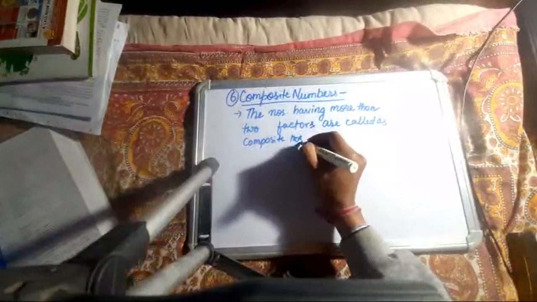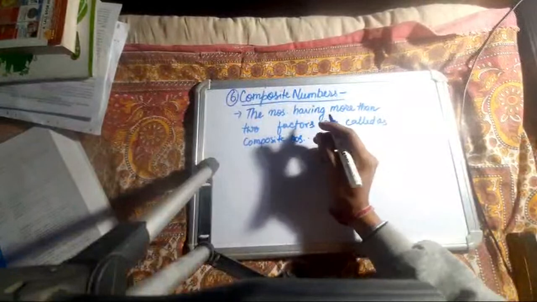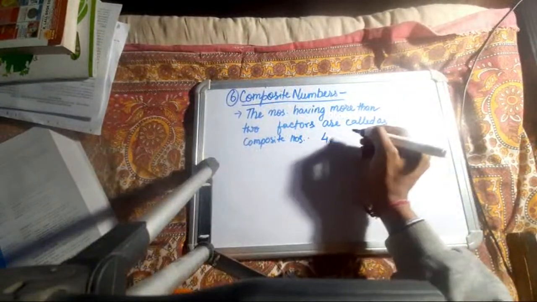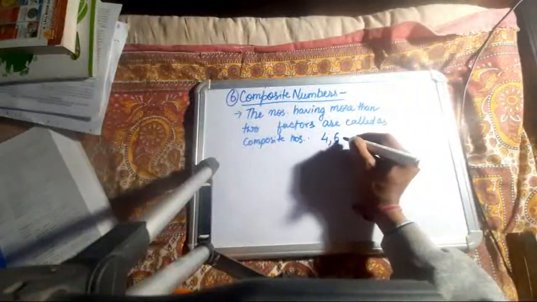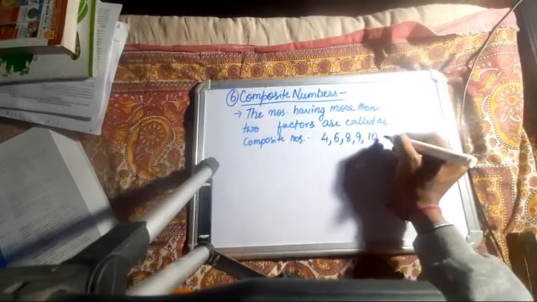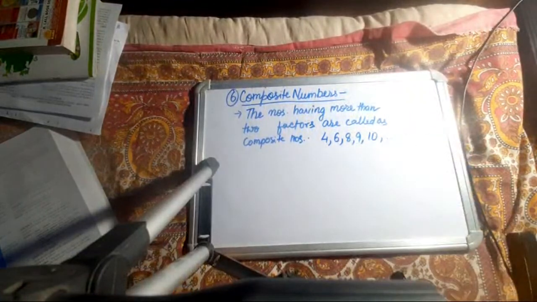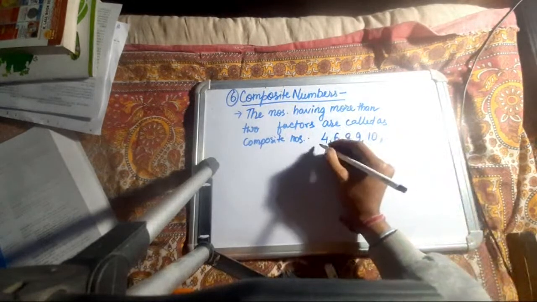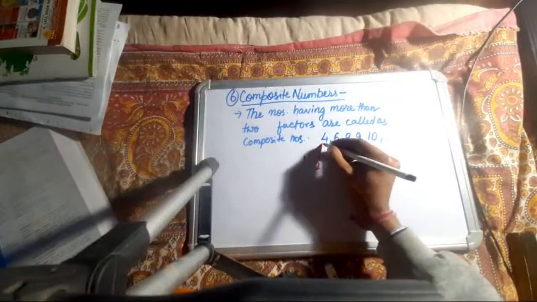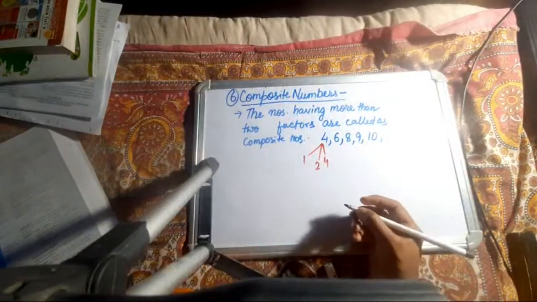So the first composite number is 4. Next is 6, 8, 9, 10 and so on. You can see clearly from this that 4 has 3 factors, that is 1, 2 and 4.